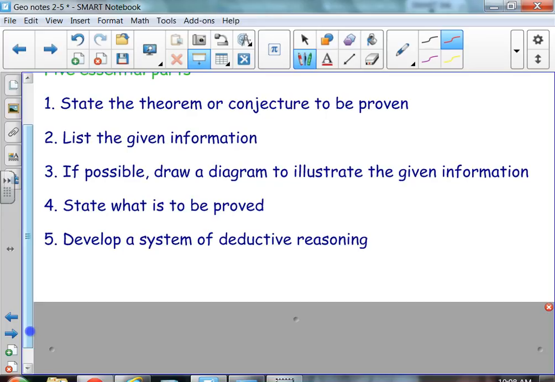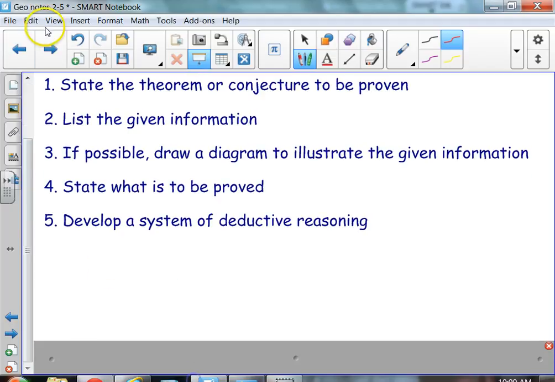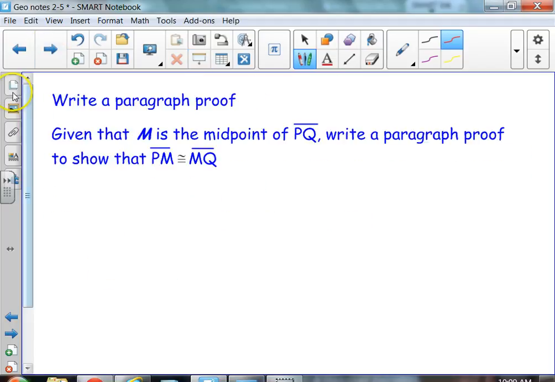So let's try one. We're going to write a paragraph proof. You're going to be given that M is the midpoint of line segment PQ. They want us to write a paragraph proof to show that segment PM is congruent to segment MQ.